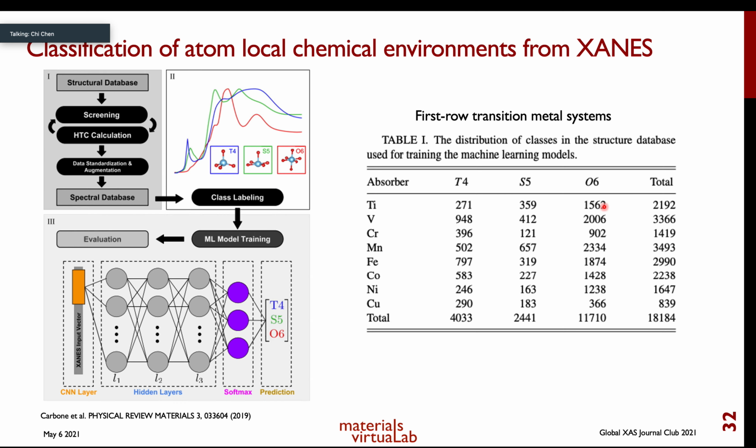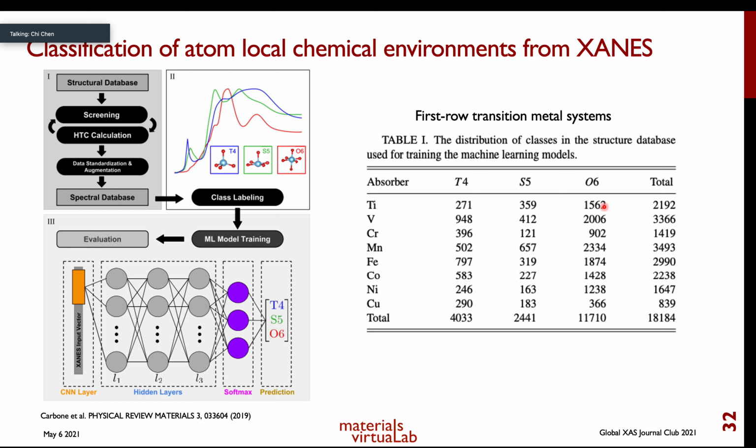And then we have some classification of atom local environment from XANES. Basically, once we have the XANES, we can use a classification machine learning algorithm to predict whether this corresponds to an atom in a tetrahedron environment or in an octahedron environment.